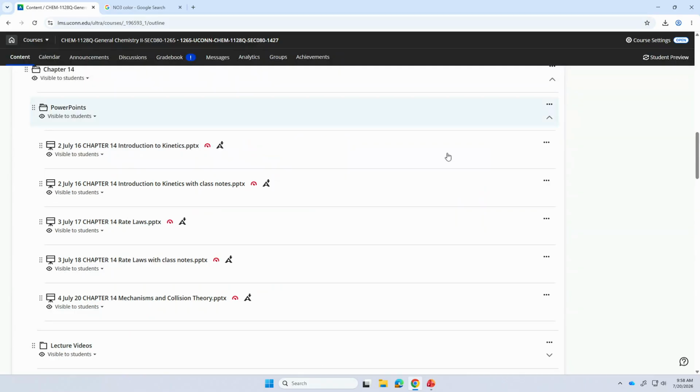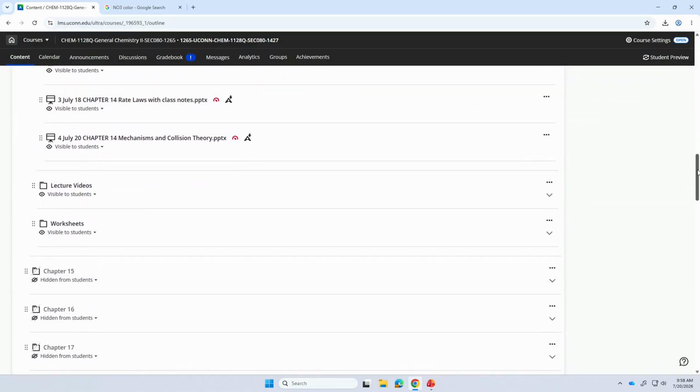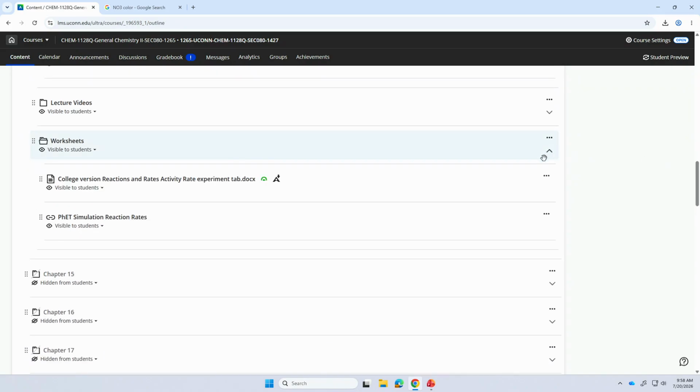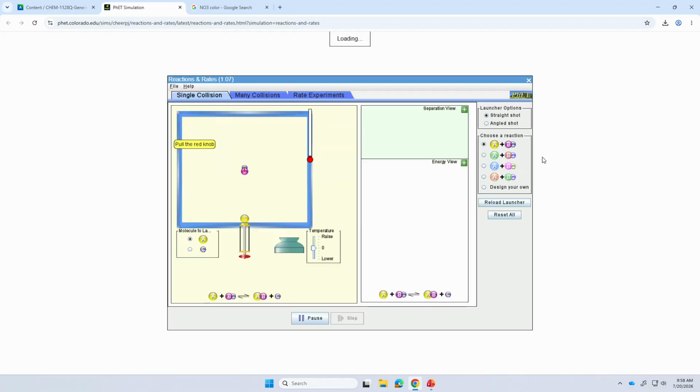So the PhET simulation I could find was all about catalysis, and we haven't talked about catalysis yet. So I went back into this one. I just looked at, okay, I'm going to choose a reaction.